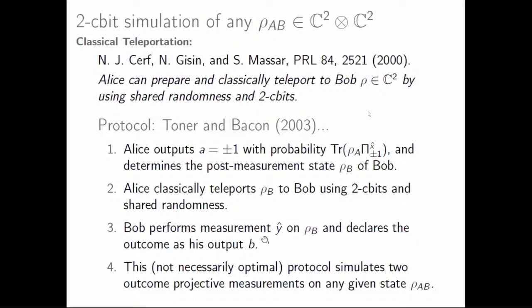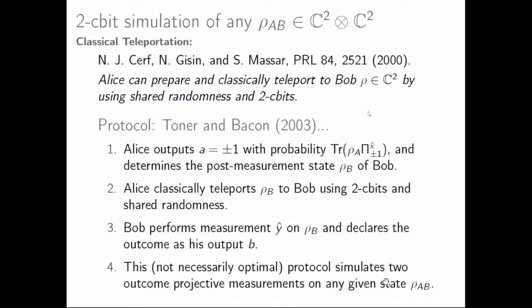Now Bob will perform measurement Y on rho B and declare the outcome as his output. So this is a protocol which, using 2 C bits, can simulate not just singlet state statistics, but any state from C2 tensor C2.